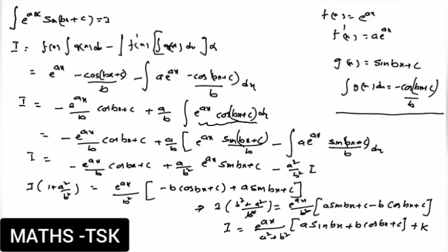So go for the same type of problem, integration of e power ax cos of bx plus c. How do we integrate this? Here I can write directly so that you can understand this. F of x, integration of cos is sin of bx plus c by b. If you cultivate this habit, then it becomes very easy to understand the things and to work out the problems without irritation.